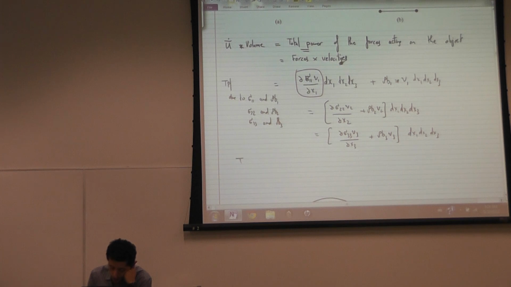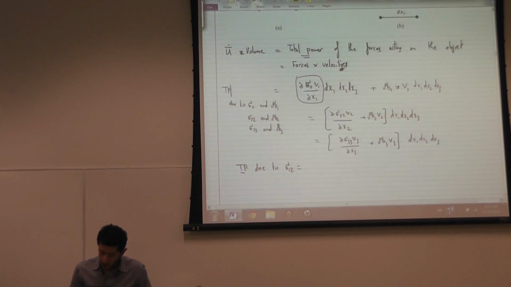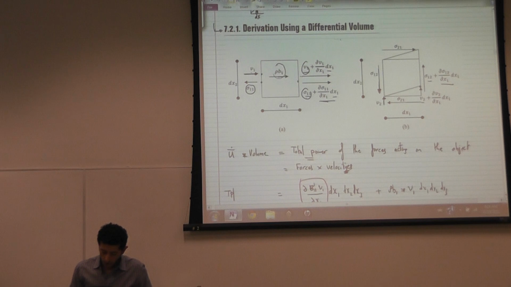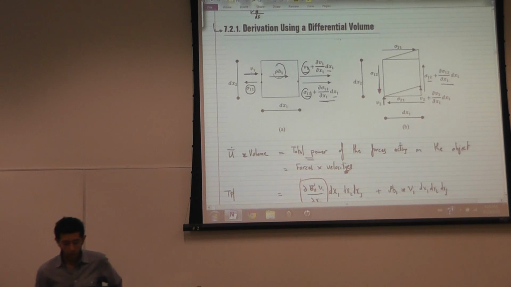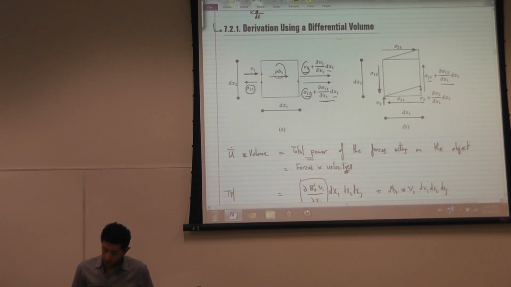So the total power due to sigma 1,2 will be equal to sigma 1,2 multiplied by v2 minus, or this is in the negative, sigma 1,2 multiplied by v2, these will cancel each other, and you're going to be left with sigma 1,2 multiplied by partial v2 by partial x1 plus partial sigma 1,2 by partial x1 multiplied by v2.